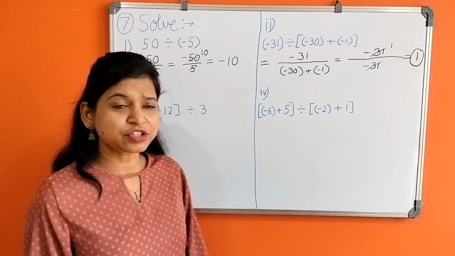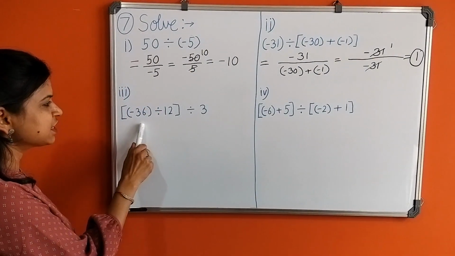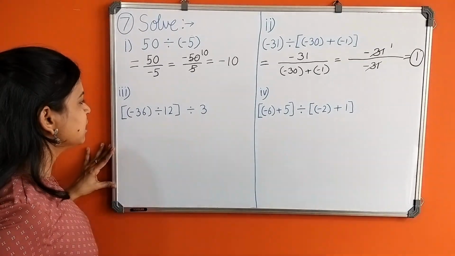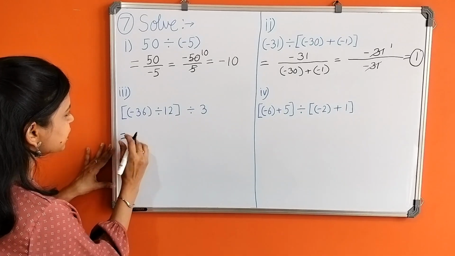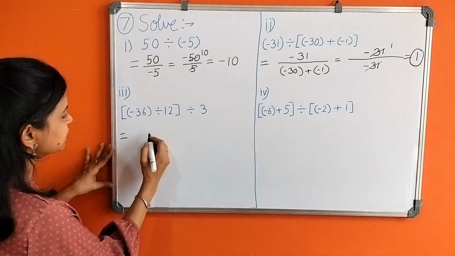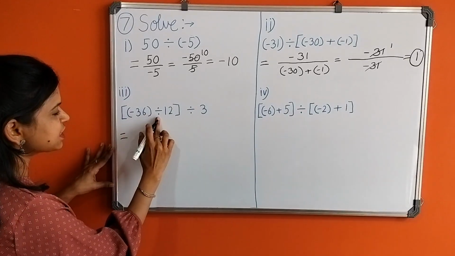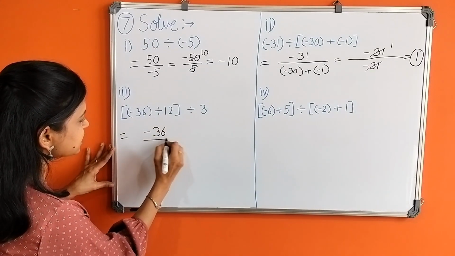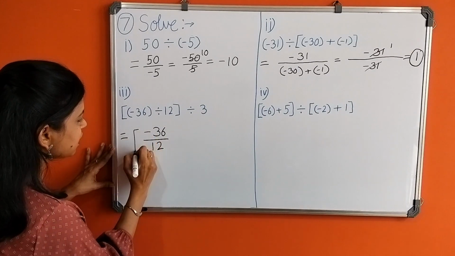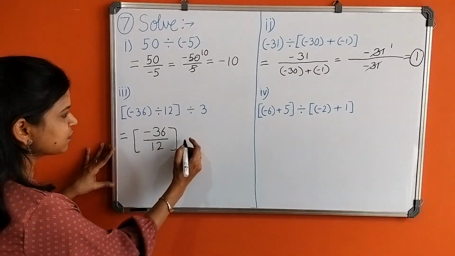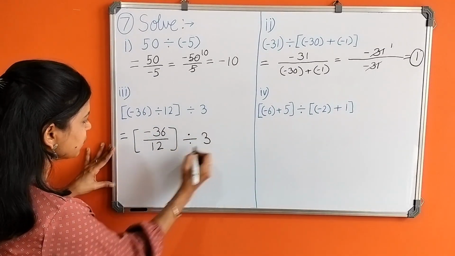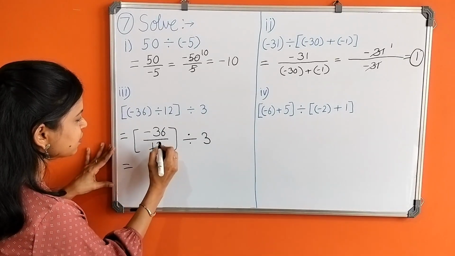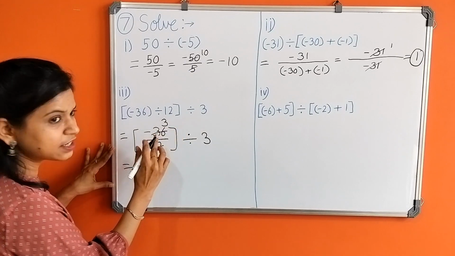Okay. Third question is -36 divided by 12, divided by 3. So first we will solve this big bracket. -36 divided by 12 equals: minus is as it is. 12 threes are 36.